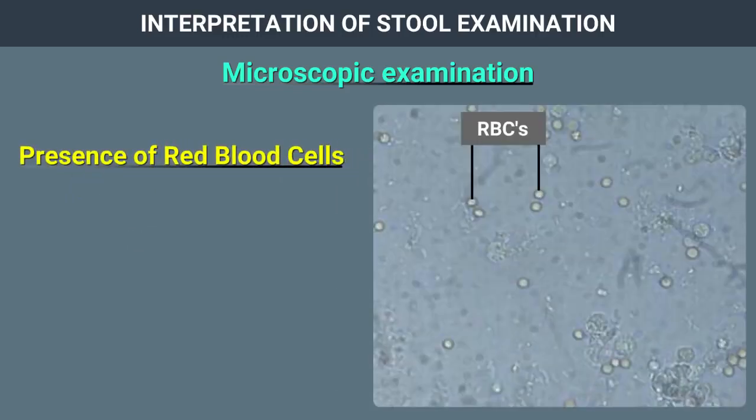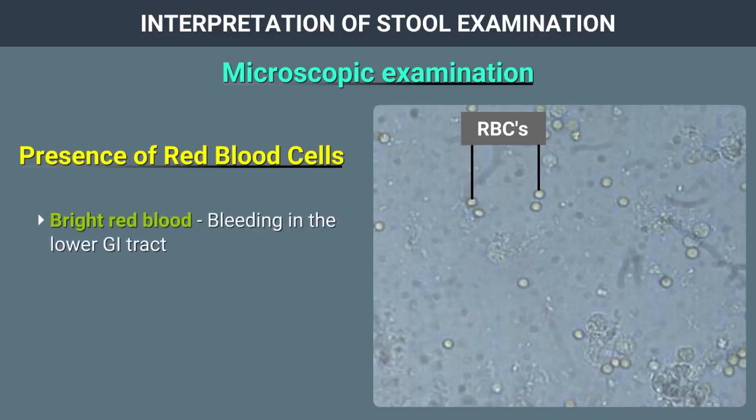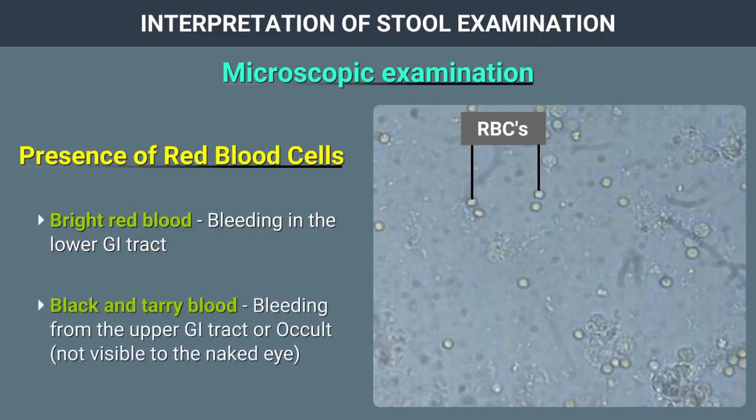Presence of red blood cells in the stool. Blood in stool can be bright red from bleeding in the lower gastrointestinal tract or black and tarry from bleeding from the upper gastrointestinal tract or occult, which is not visible to naked eye.